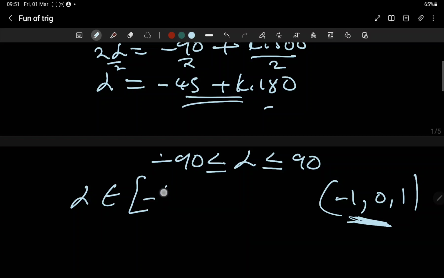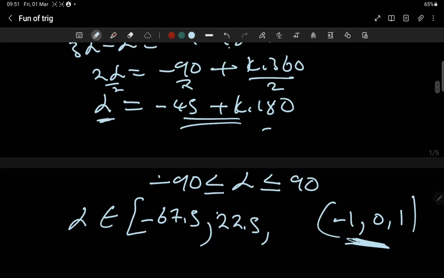So we're taking negative 67.5. Then let's try to put 0. We get 22.5, so it is still part of the range. Then let's put positive 1. It is outside. This is 112.5. It is not between negative 90 and 90.